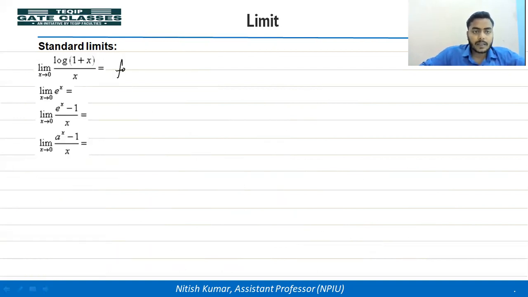Okay. Take the form here. So log of 1 plus x divided by x, put x equal to 0. So 1 plus 0 divided by 0. Log 1 is 0, so 0 by 0 form. We can apply the L'Hopital rule.